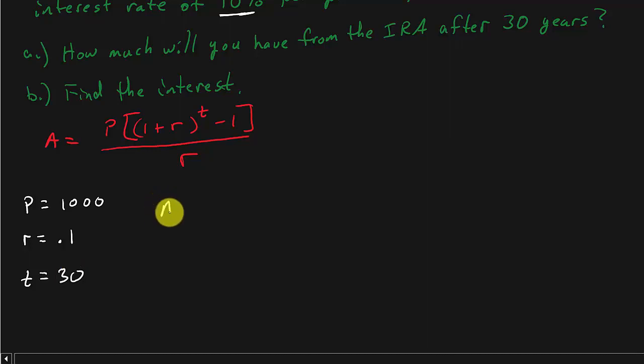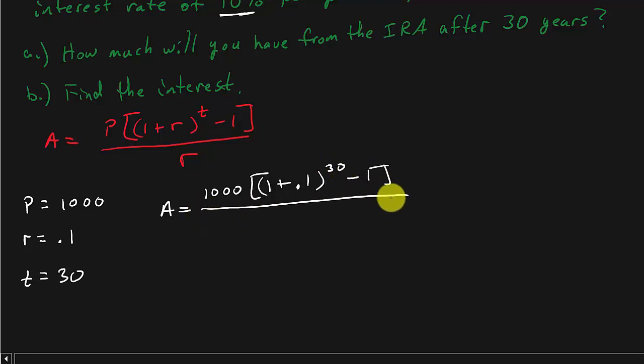And so we're going to get A is equal to P, which is 1,000, times 1 plus R. R is 0.1. And that's raised to the T, and T is 30. And then that's minus 1 over R, which is 0.1.